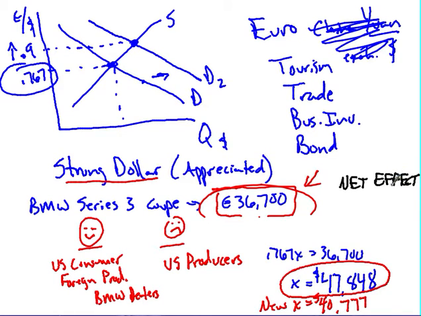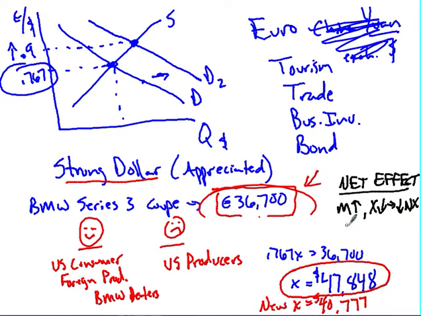So we know that imports become cheaper, and so we know that imports are going to rise because it's cheaper. Conversely, it's more expensive for them to buy our stuff. If our dollar's getting stronger against theirs, that by definition means that their currency is getting weaker against ours, doesn't buy as much, and so we would expect our exports to fall, which would cause net exports to go down.